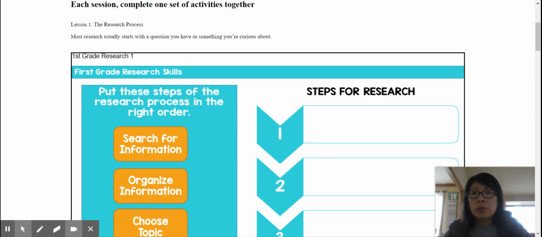As you get older, as you move through the different grades in school, you'll be doing a lot more research. And I know in second grade we do an animal research project in computer class where you get to do research on an animal, and then you make a book about that animal.